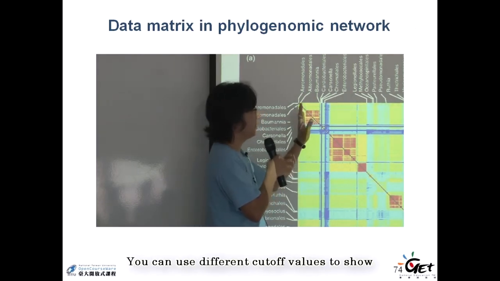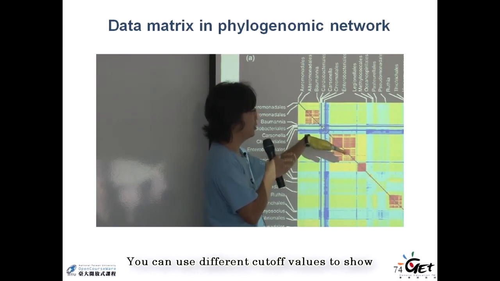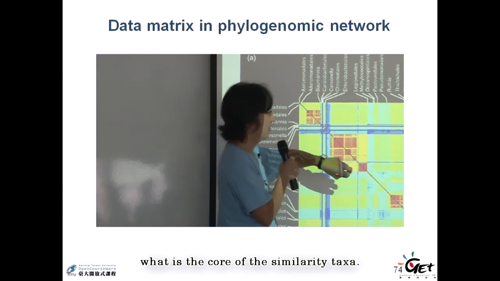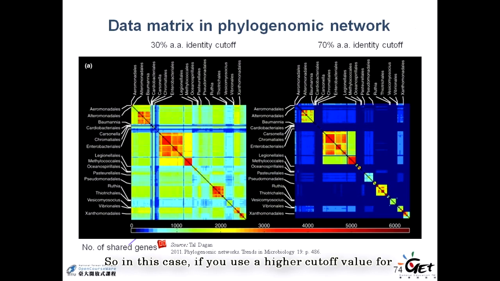You can use different cutoff values to show the core of the similar taxa. So in this case, if you use a higher cutoff value for amino acid identity, you can identify a certain group which are highly similar to each other, for example, here to here. That's the first thing you can identify. You can identify those, and then based on that, reconstruct another network.